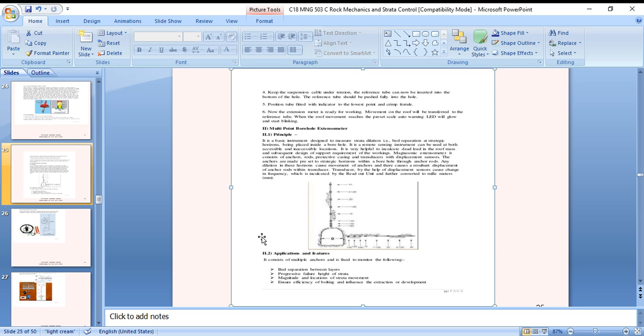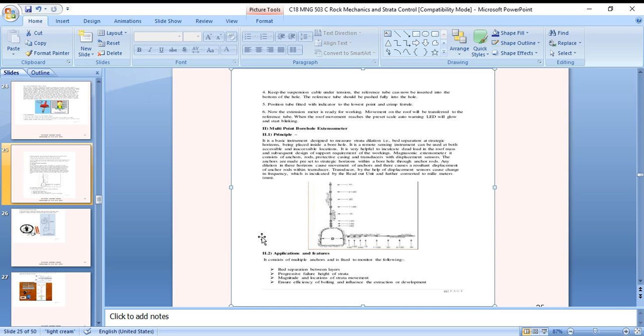Position the tube fitted with the indicator to the lower point and clip. Now the extensometer is ready for working. Movement of the roof will be transferred to the reference tube. When the roof movement reaches the preset signal, the auto warning LED will glow and start blinking.